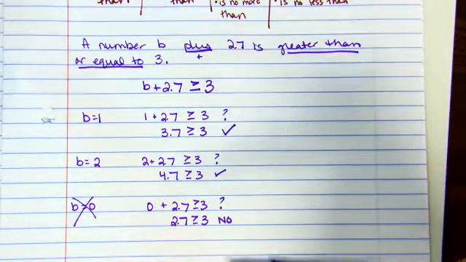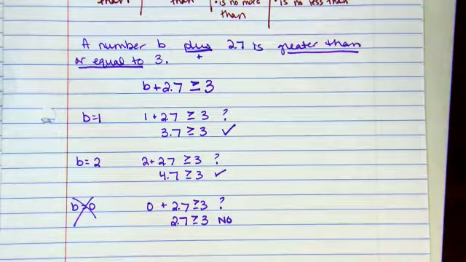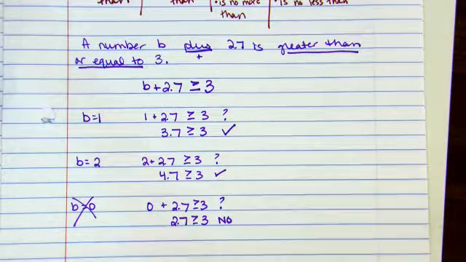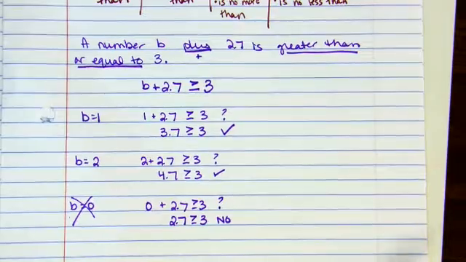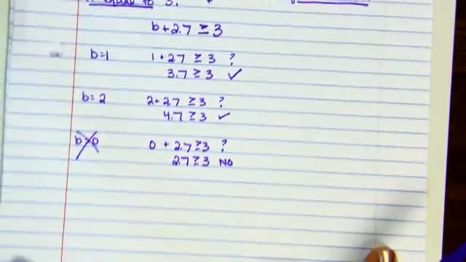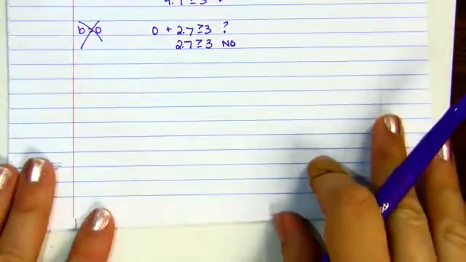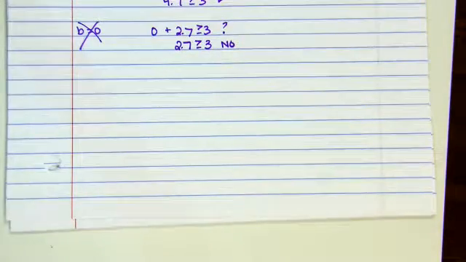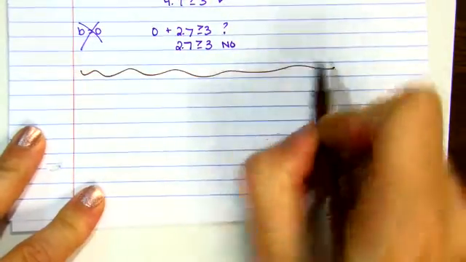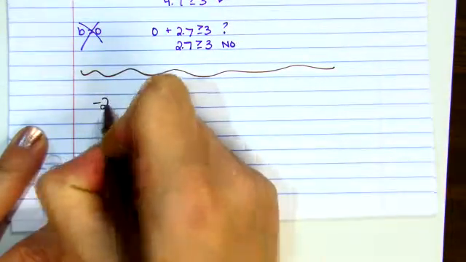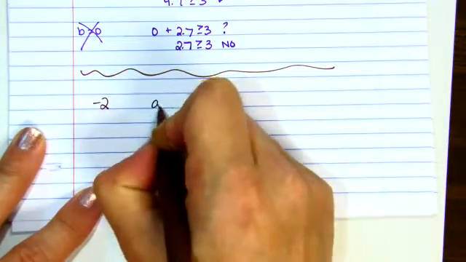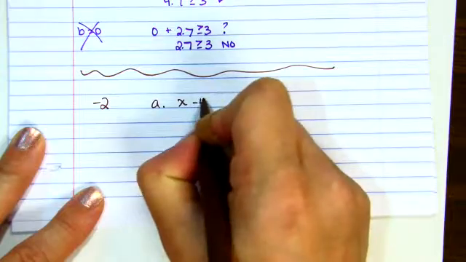And in inequalities, there are a whole bunch of numbers. So that's where we're going with this. You're going to be asked to tell if a certain number is a solution or not of an inequality. So for example, let's decide if -2 is a solution of these inequalities.